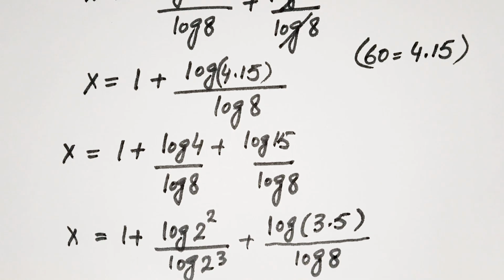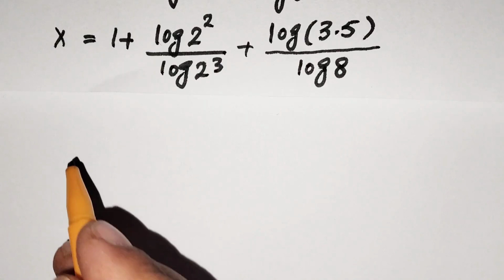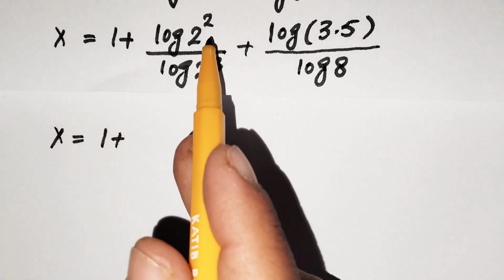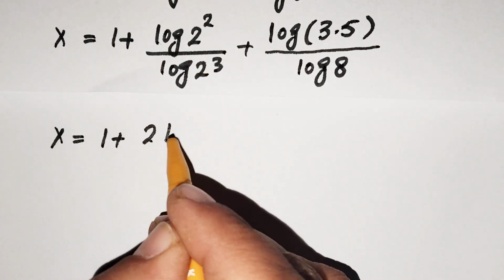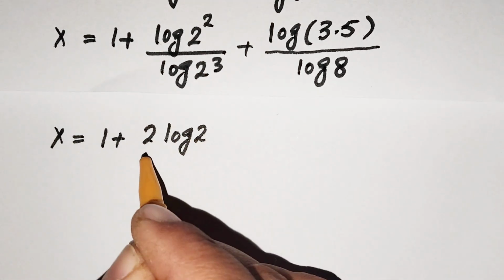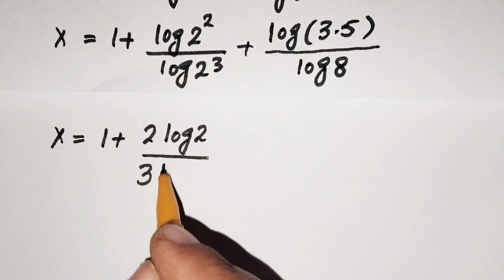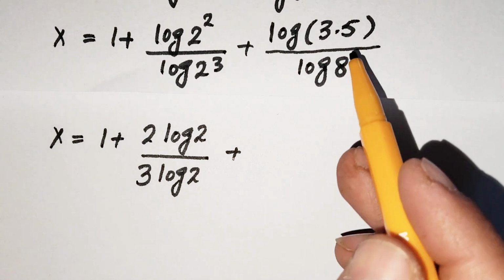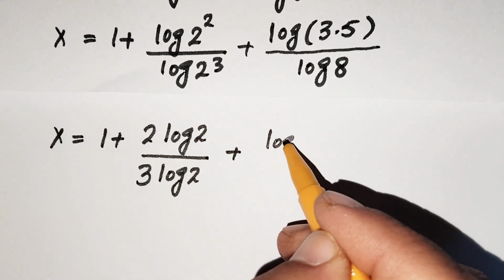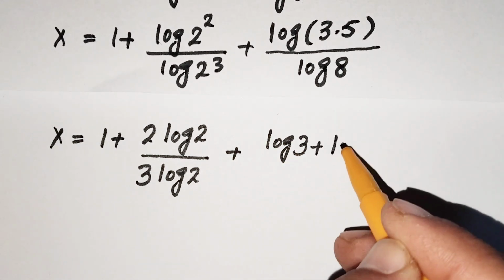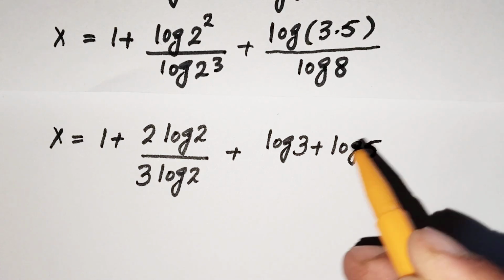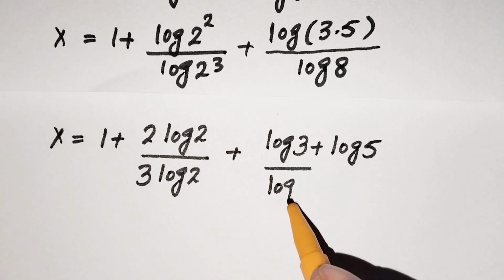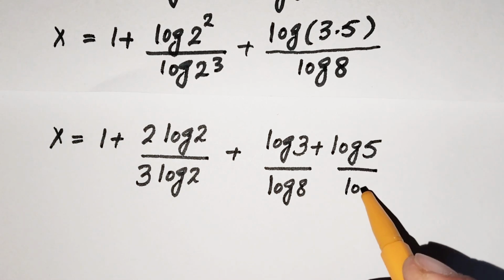Now our next step is x is equal to 1 plus, here we again use the logarithm power law, then we have 2 log 2 over here 3 log 2, and plus using the product law here, then we have log 3 plus log 5, and writing this 8 separately with both terms, here log 8, similarly here log 8.